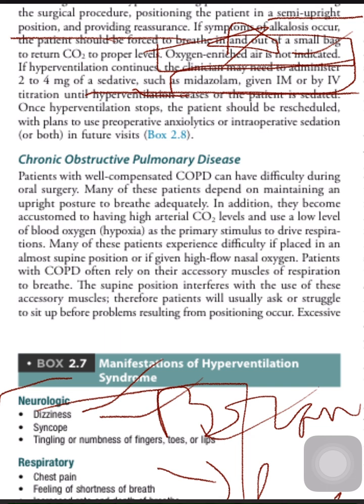The risky situations are lying almost flat, high flow of oxygen, excessive secretion, using accessory muscles to breathe, and cyanosis or too much oxygen. So these are the things that could be a risk. Here it is relevant that the patient uses accessory muscles, high flow of nasal oxygen, and all these things are given here. You have to go through these lines.